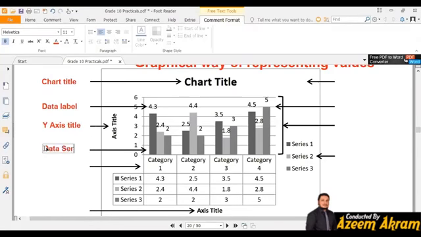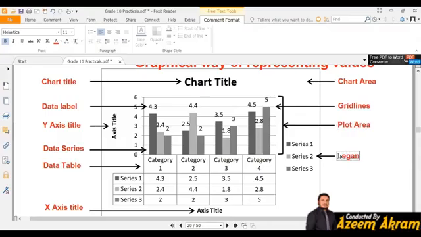Data table. X-axis. X-axis title. Chart area. Grid lines. Very good. Plot area. Legend. Finally, legend.